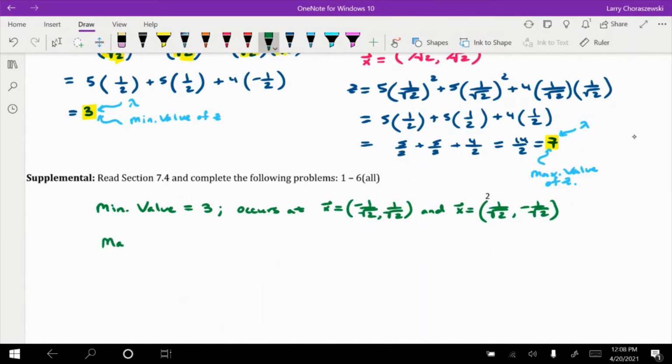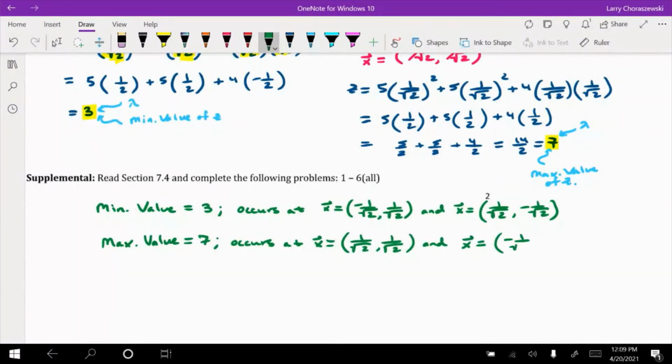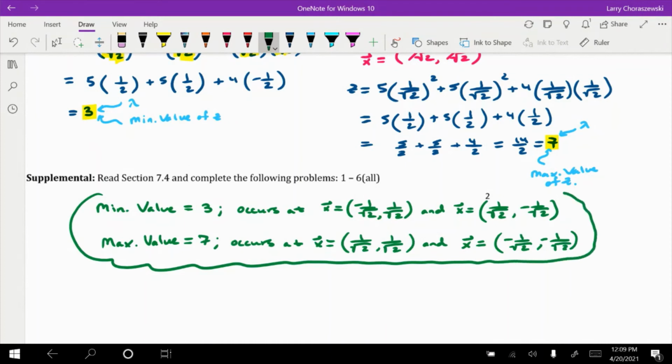The maximum value is given by our largest eigenvalue, which is 7, and this occurs at 2 basis vectors. The first, 1 over radical 2, comma 1 over radical 2, and the other where the signs are changed. And this is how we would officially answer this problem.